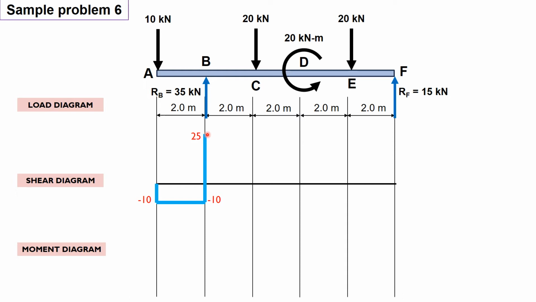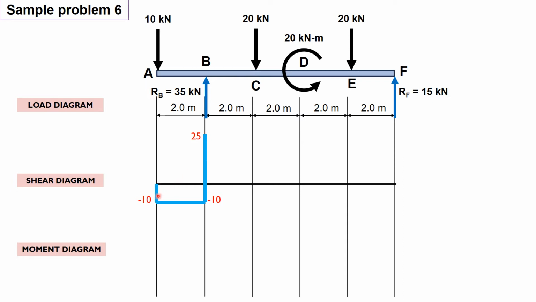And if you will get the absolute value from this point up to here, iyan ay nagre-represent dito sa 35. Pero, dahil dumaan yan dito sa axis ng beam, or dito sa line na nagre-represent sa beam, so mula dyan hanggang doon, you only have positive 25.